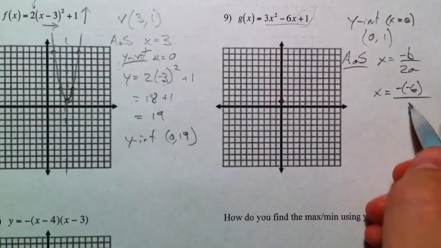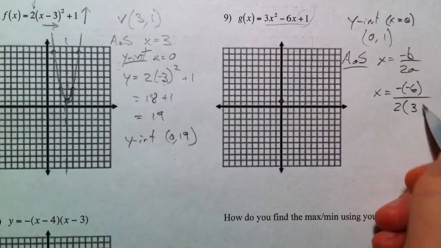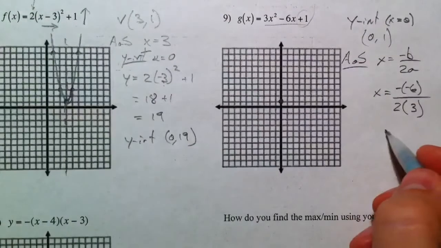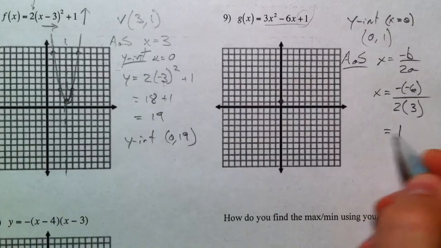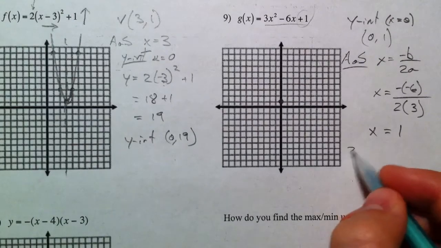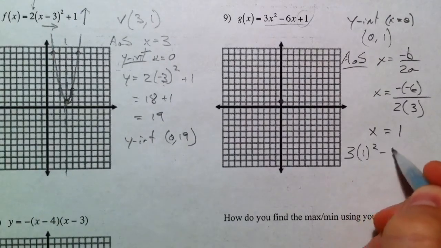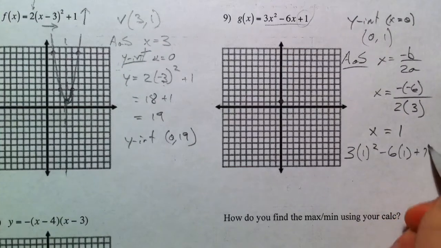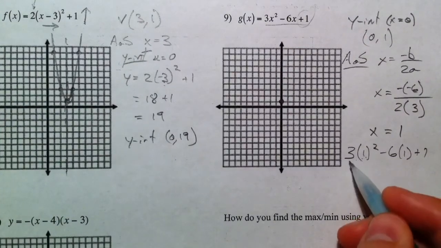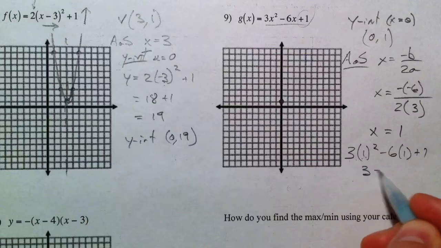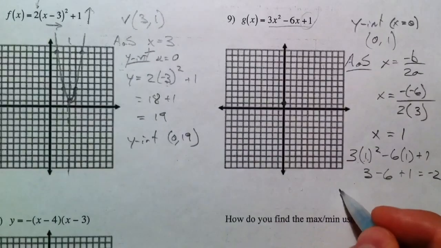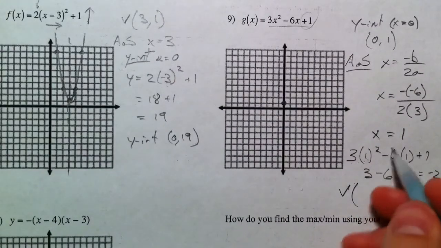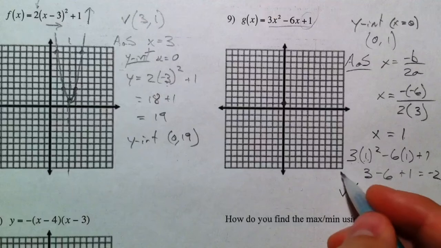So really positive 6 divided by 2 times 3. 6 divided by 6 is 1. And if I plug it back in, 3 times 1 squared minus 6 times 1 plus 1. 1 squared is 1 times 3. 3 minus 6 plus 1. Negative 3, negative 2. So the vertex is 1, negative 2.